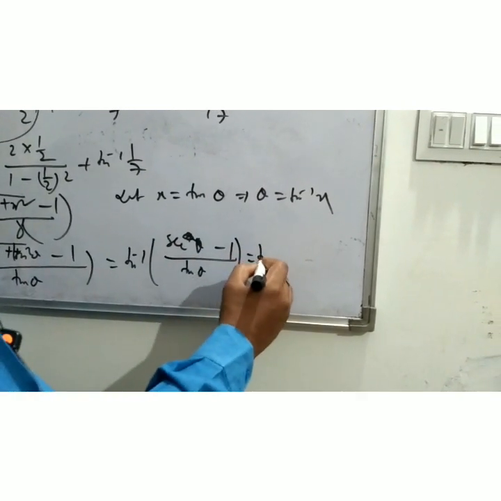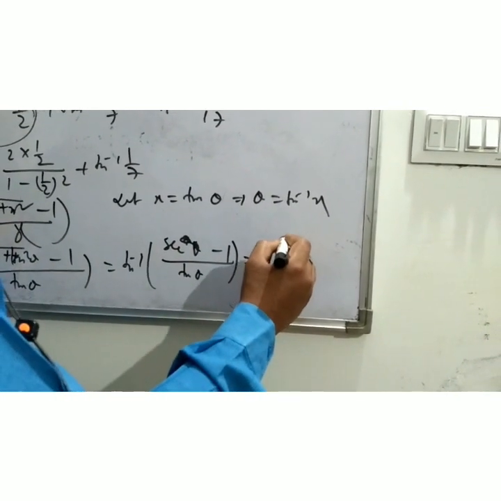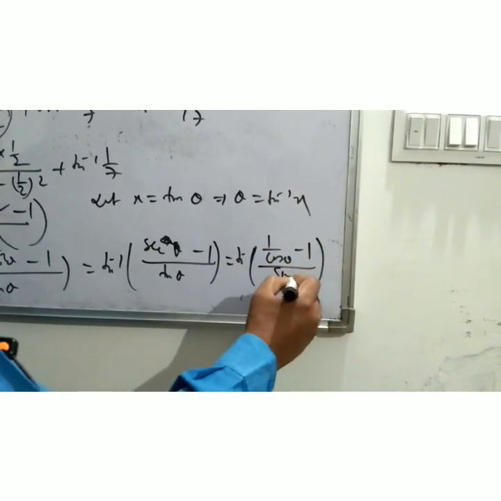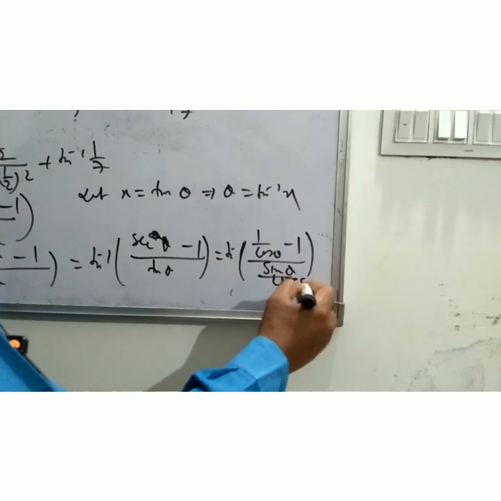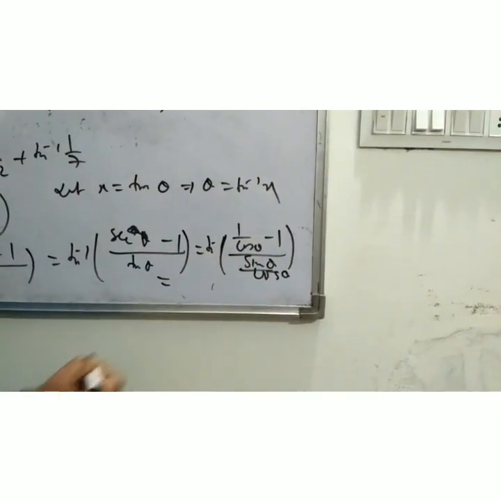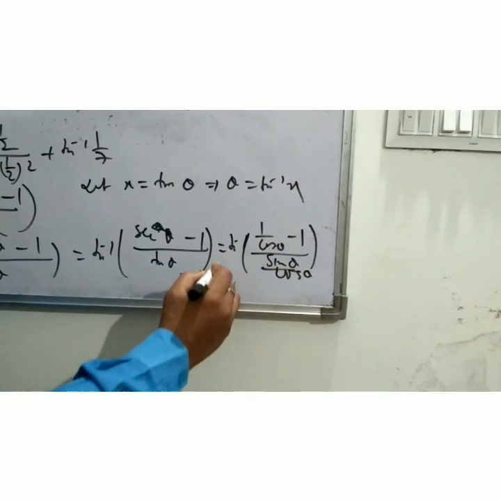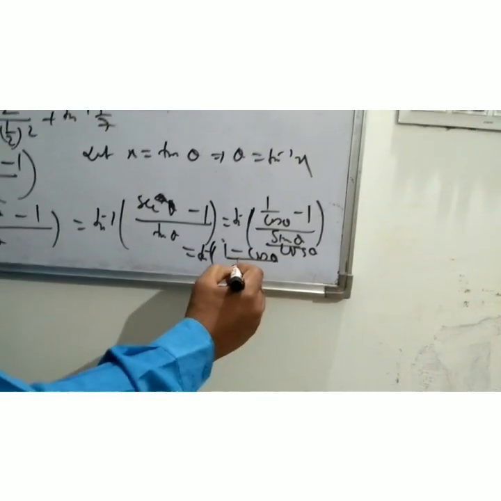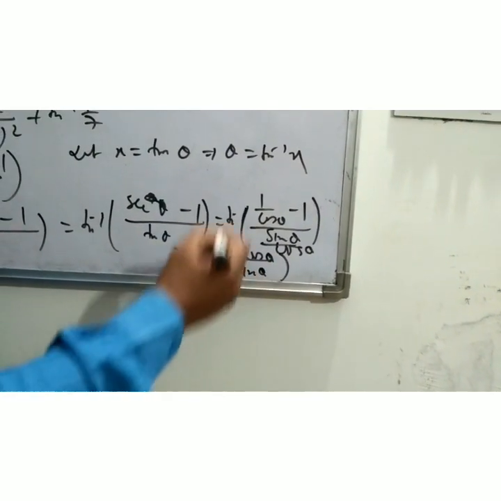Then solve it: tan inverse of (1 by cos theta minus 1) by (sin theta by cos theta). Take LCM, cos theta cancels, and we get tan inverse of (1 minus cos theta) by sin theta.